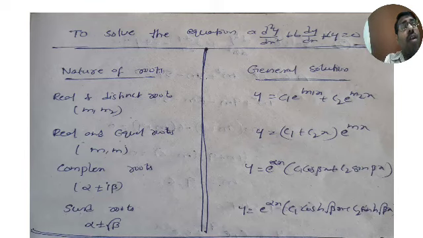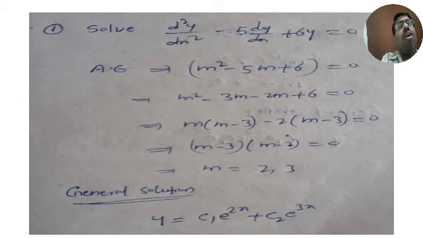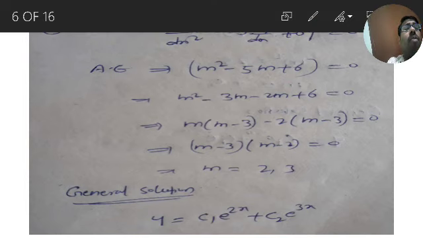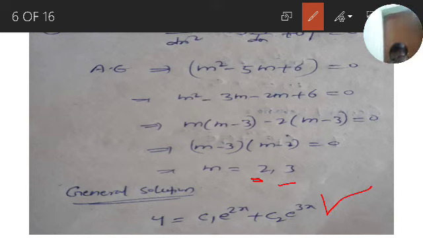In the first problem, we got roots 2 comma 3. What is the general solution then? y is equal to c1 into e power of 2x plus c2 into e power of 3x. Are you getting? This is my general solution because m1 is 2 and m2 is 3. If you take it vice versa, also no problem, the solution is the same.